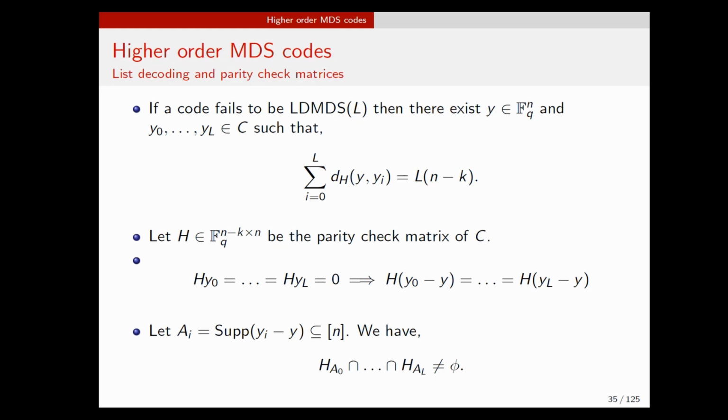I should be able to get a non-zero point in all these subspaces. And indeed, it turns out there's a way to go back, so this is an algebraic characterization of being list decodable. And now we'll use this to define higher order MDS codes.